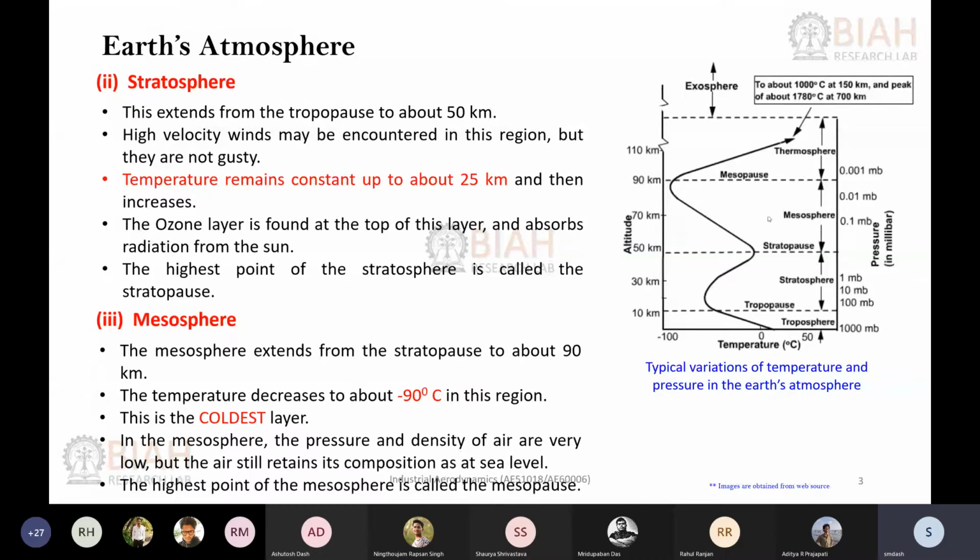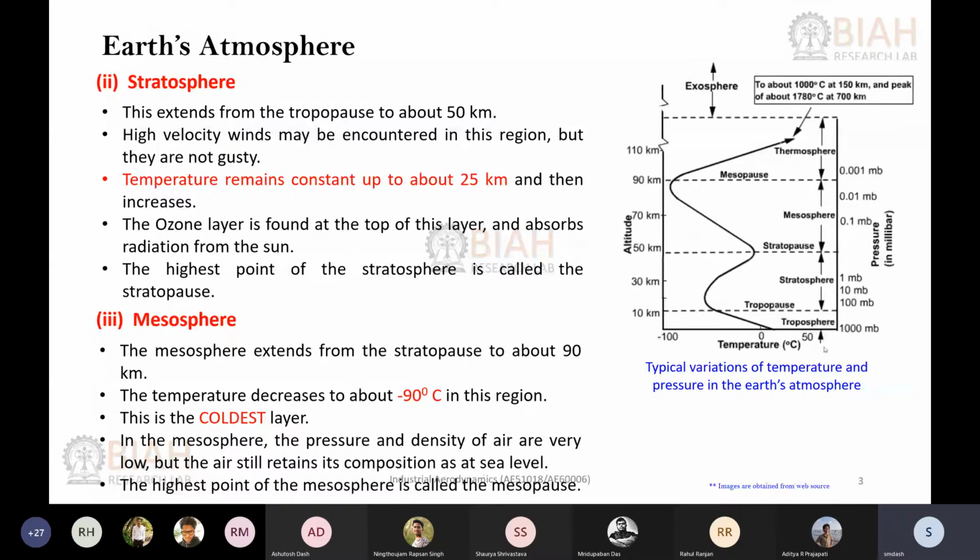The next layer starts from the stratopause and can go up to 90 kilometers. In this layer you can see that the temperature mostly reduces, whereas in the stratosphere the temperature stays more or less constant up to a certain altitude, then it increases.